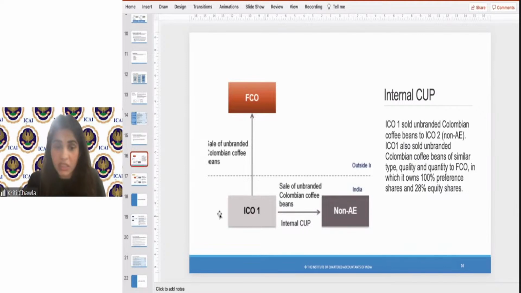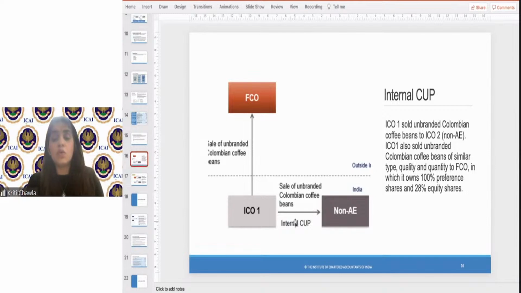So this particular company is internal to us, and hence we use this particular price as a means to substantiate this particular price. So this is called internal CUP because we got a company which is comparable to us. We got it internally in our organization.